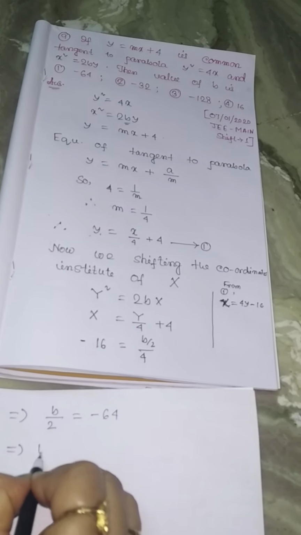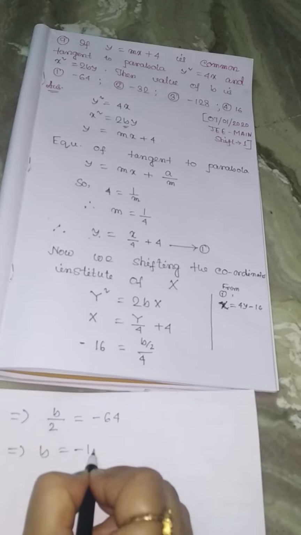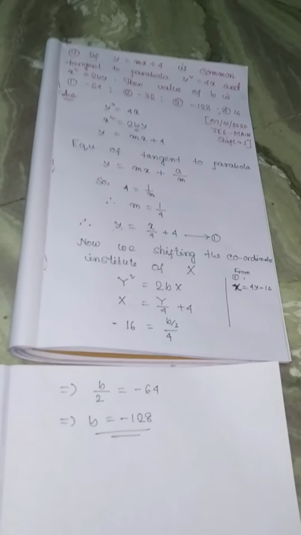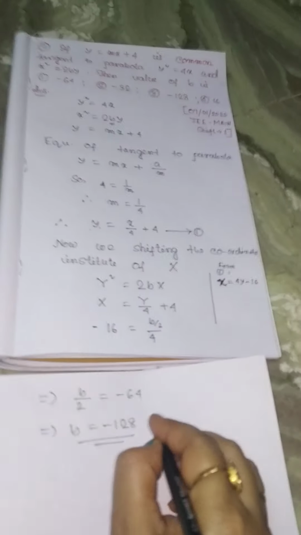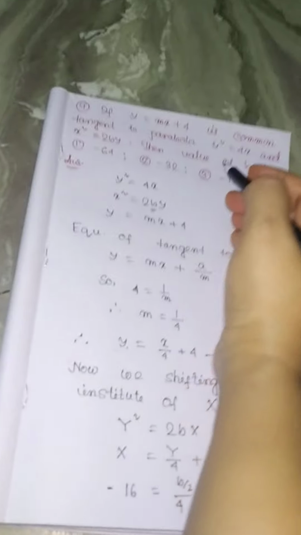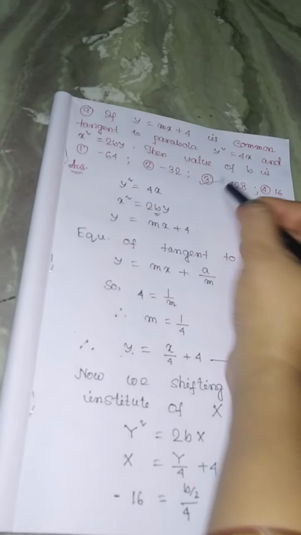That implies b is equal to minus 128. So we reached our answer, and our option is option 3.